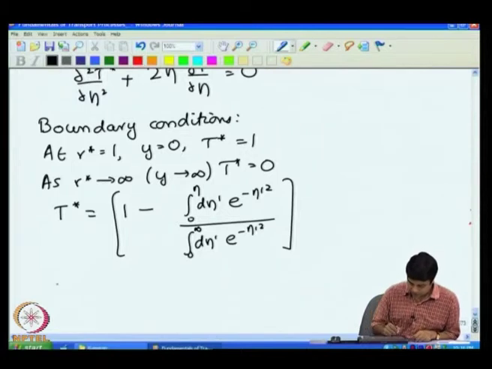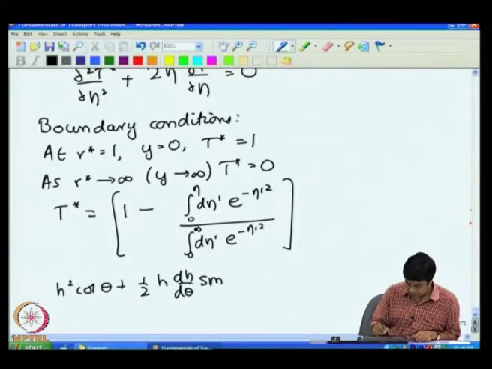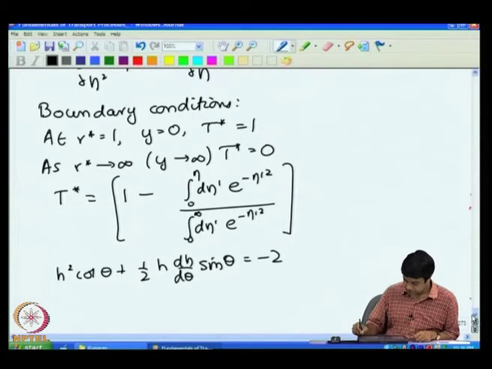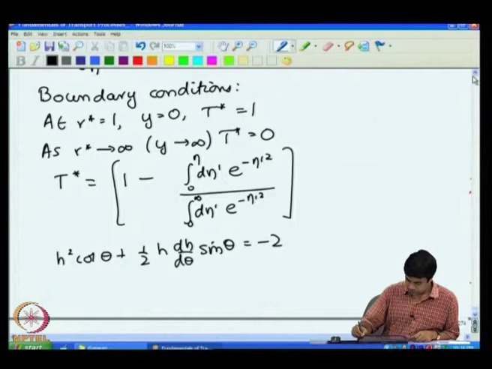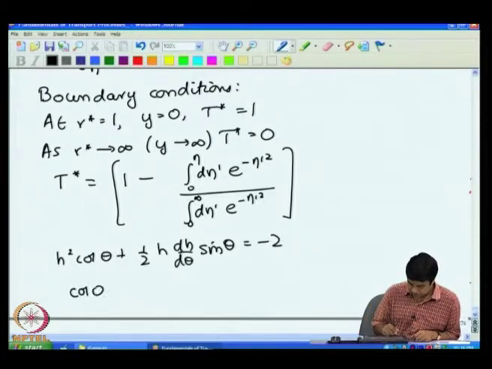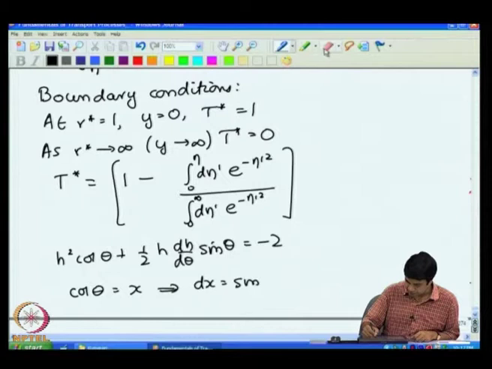The equation that I have is h square cos theta plus half h dh by d theta sin theta is equal to minus 2. I use the substitution cos theta is equal to x, which implies that dx is equal to minus sin theta d theta.